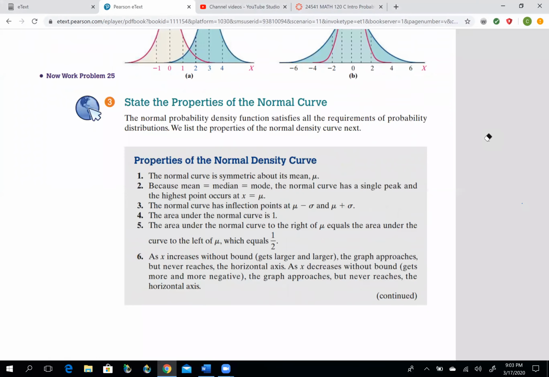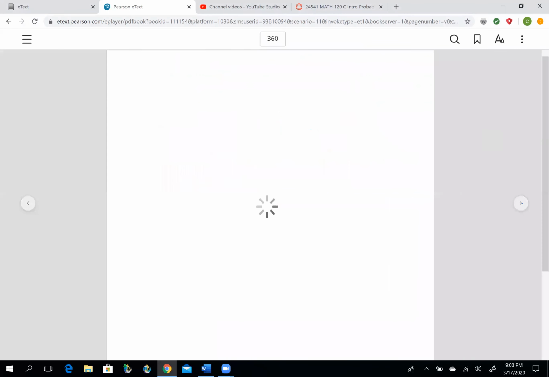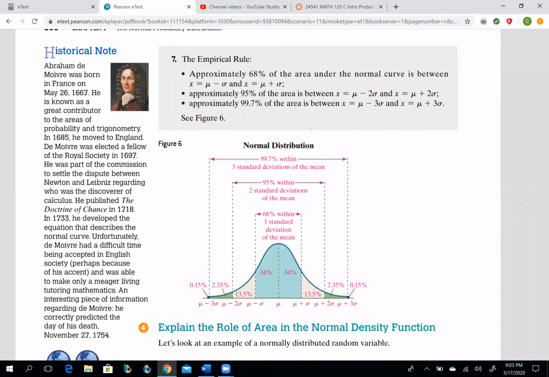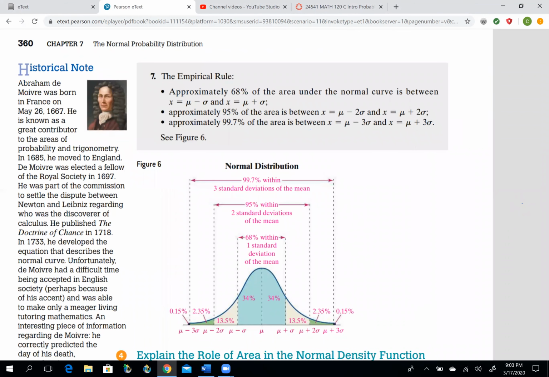So here we go. Now let's go to the next page. So again, guys, number 7, the empirical rule. Let's review a little bit. The empirical rule says approximately 68% of all area under the normal curve is between mu minus 1 standard deviation and mu plus 1 standard deviation.